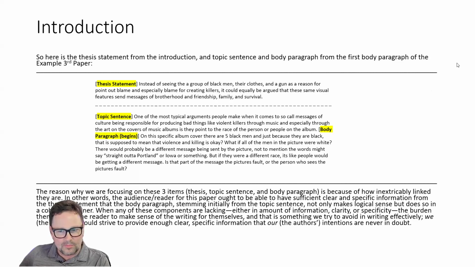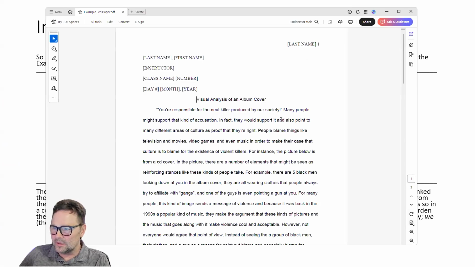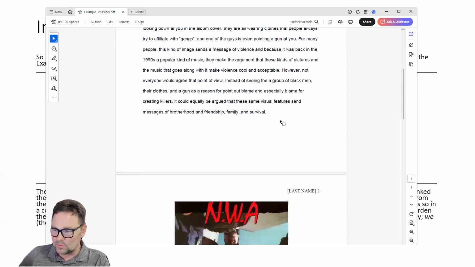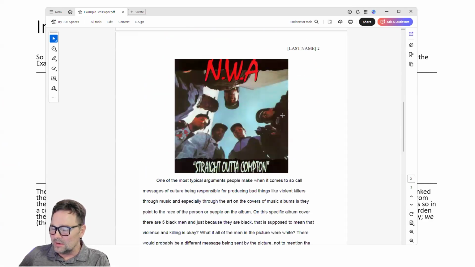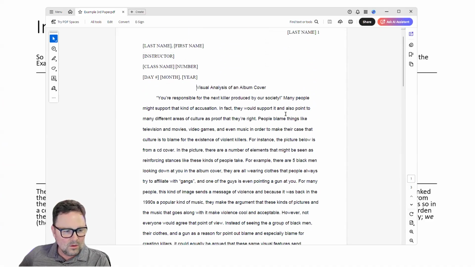the example third paper. And remember, the example third paper is this thing we're talking about here. Hopefully everybody's had a chance to review it and work with it, since it was part of our blog work last week. This was a similar assignment that some of my classes did a while back.